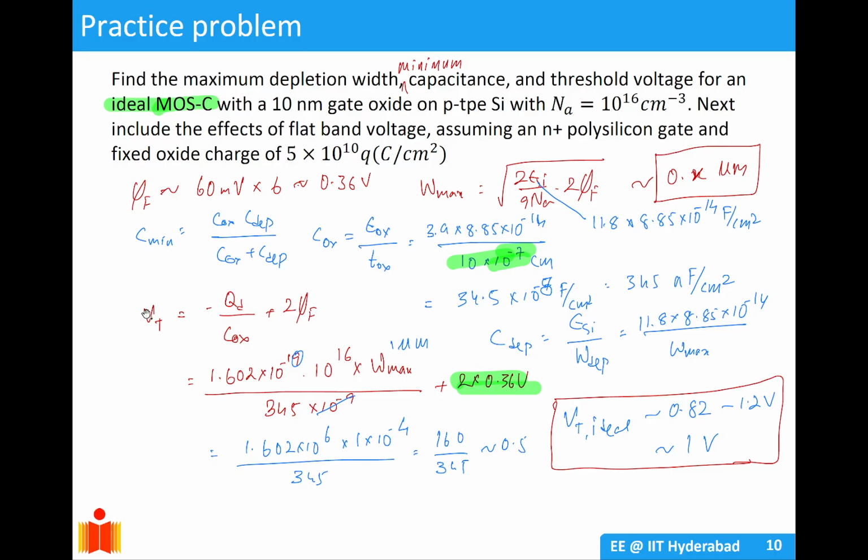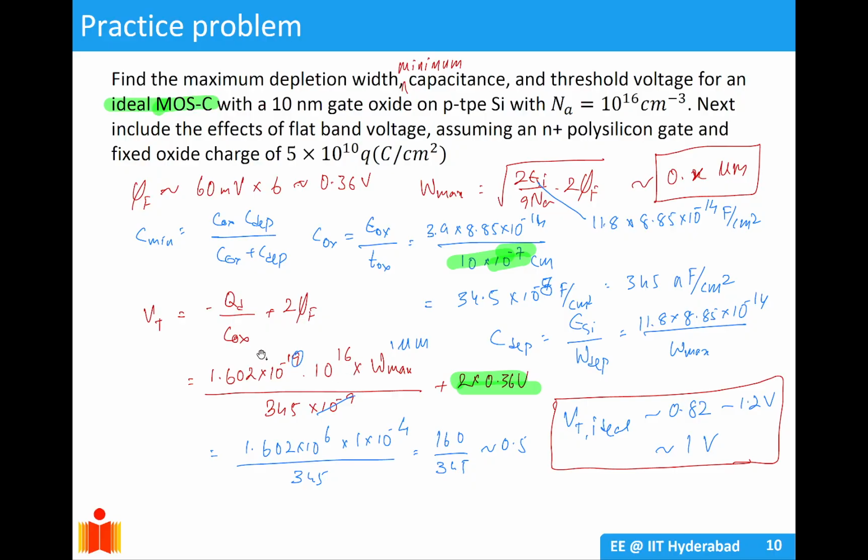Then you can calculate your Vt equals minus Qd by Cox plus 2 phi f, which is for an ideal MOS capacitor. So Qd is q Na W max.